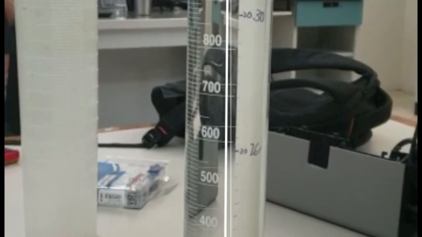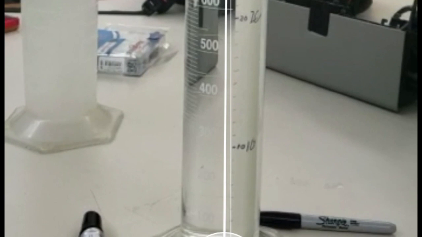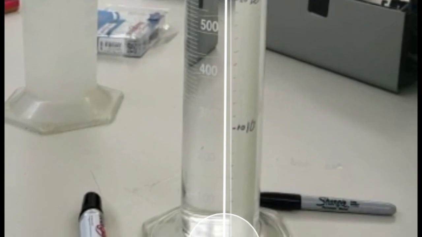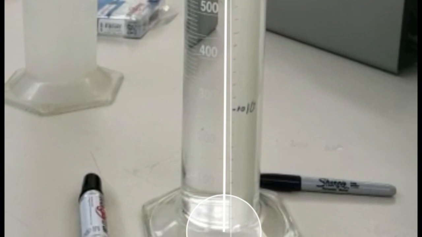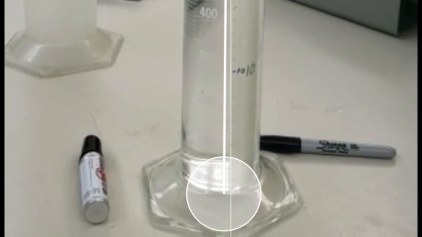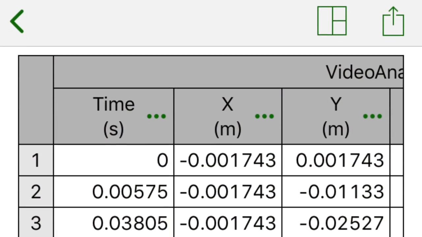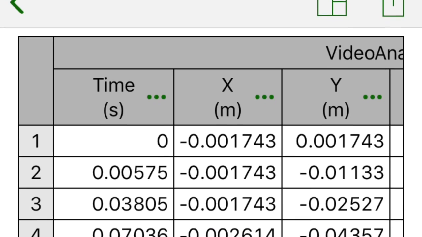And we had to put the scale, which was 0.4 meters downwards, of course, and the origin was the surface of the water. With all this data that we put in the video, all the little red dots, and the scale and the origin, the app was able to analyze the video and give us its precise position at any given time.